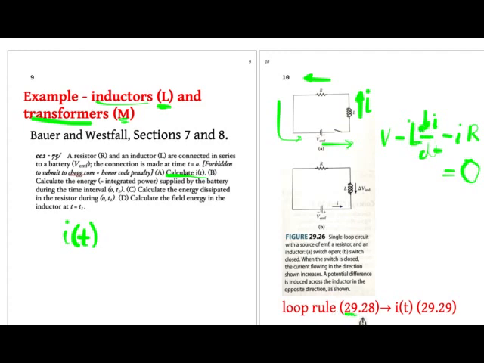So that's the equation. It uses a property of an inductor, so that's section 7 in the textbook. And now we just have a differential equation to solve. Well, you can see from the nature of the equation, it's going to be an exponential. There's going to be an exponential dependence on time.